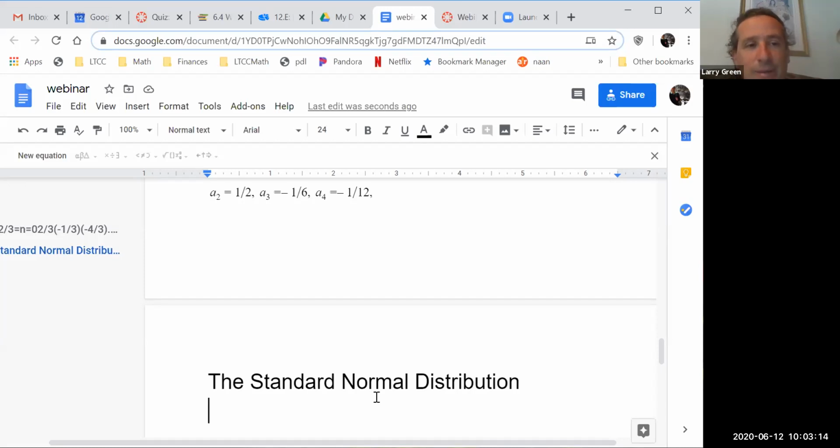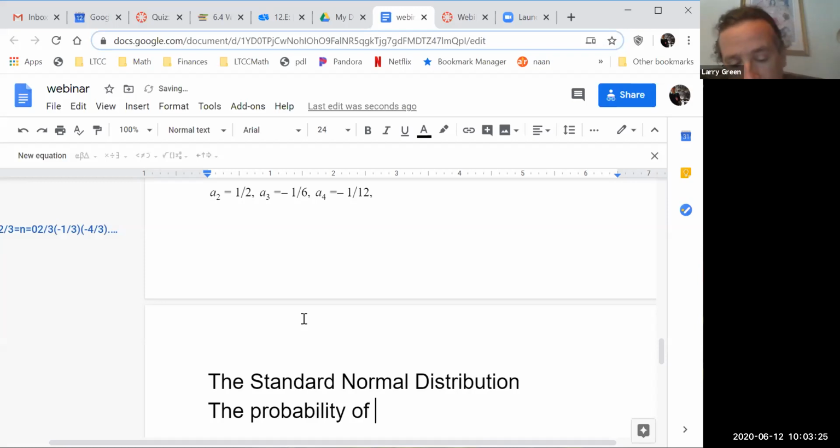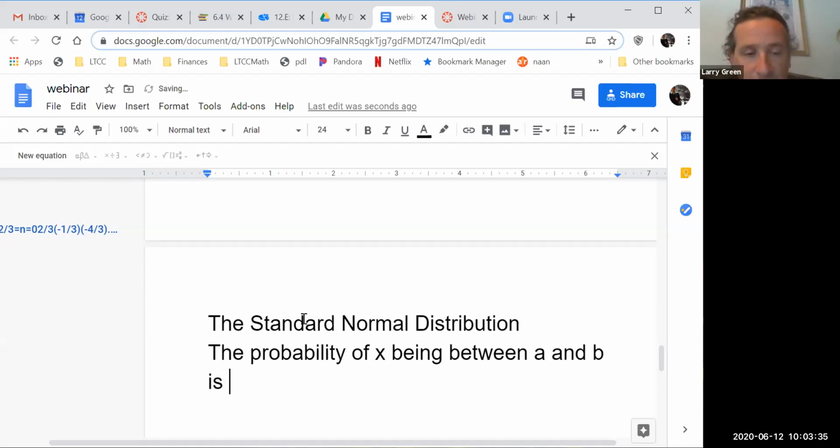And here's the problem. If you want to find a probability, then the probability of X being between A and B is defined by the following.